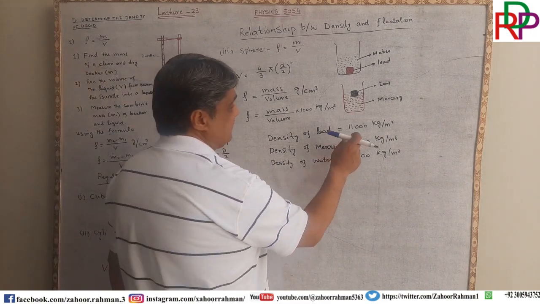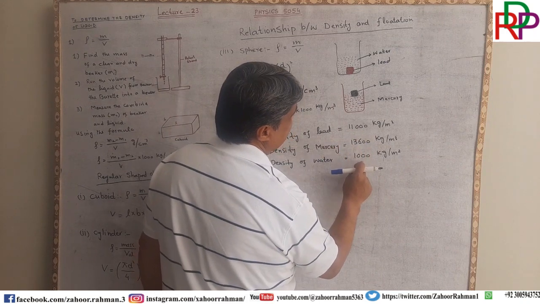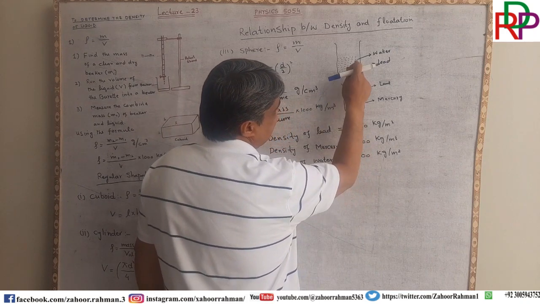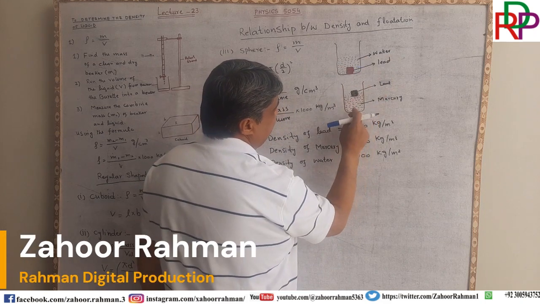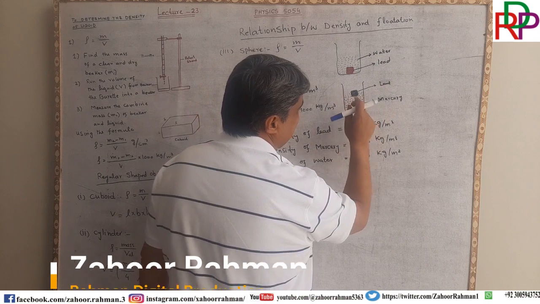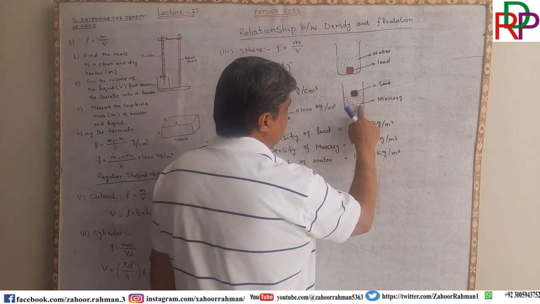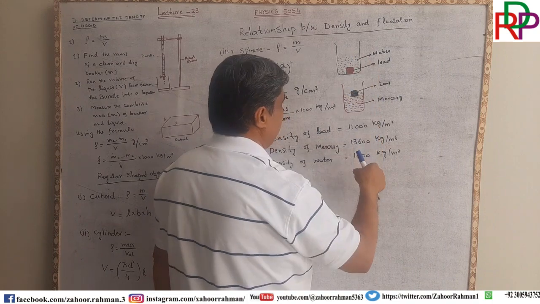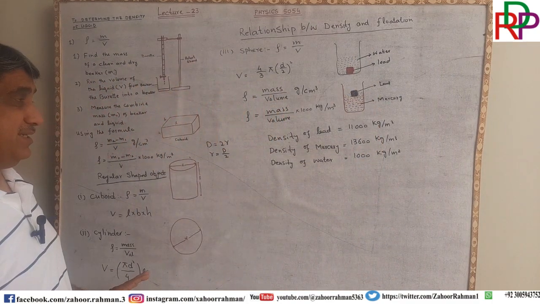In this case, the density of lead is greater than 1000, so it will sink down inside the water. But because the density of lead is less than the density of mercury, it will not sink down inside the mercury.